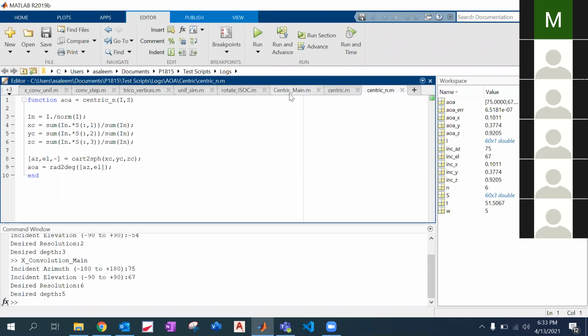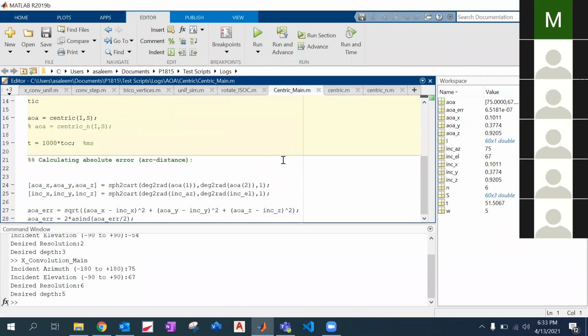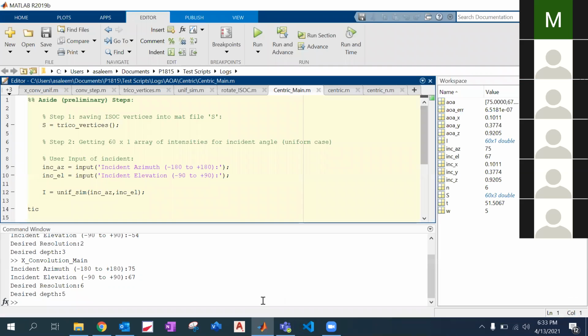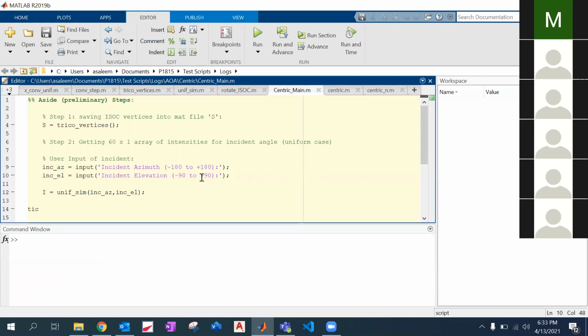It's the same format as the convolution mean, but the only difference is that we're not specifying the depth and we're not specifying the resolution, because we don't need that. For centric, all we need is the intensity readings and the isoc coordinates, and that is good enough.